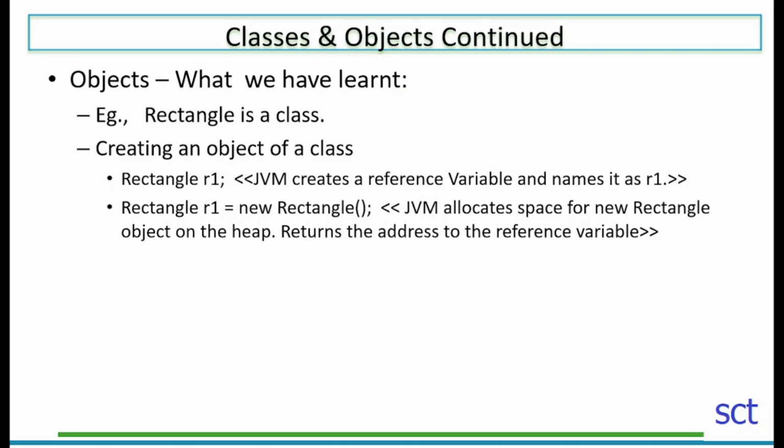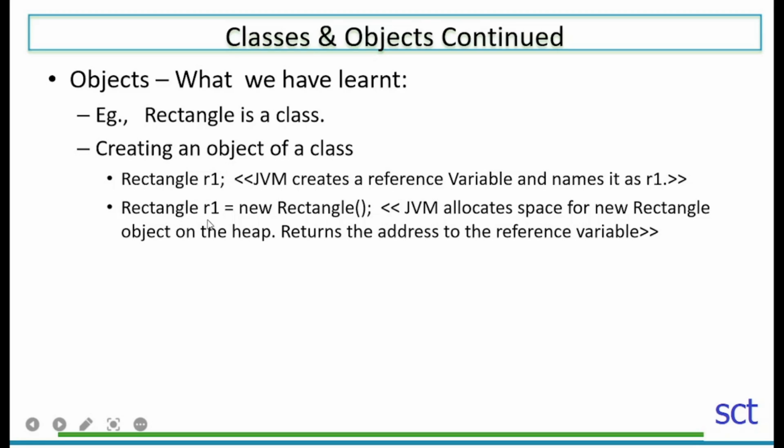We have already written some programs, including one with the rectangle class. We created objects R1 and R2. Whenever I want to declare an object, I say Rectangle R1 = new Rectangle. When I declare Rectangle R1, the JVM creates the reference variable named R1.